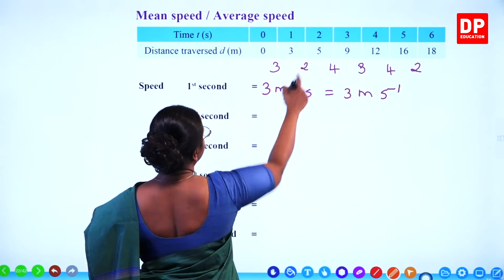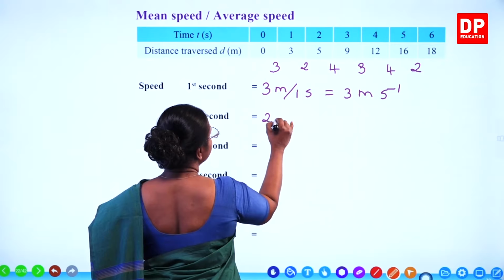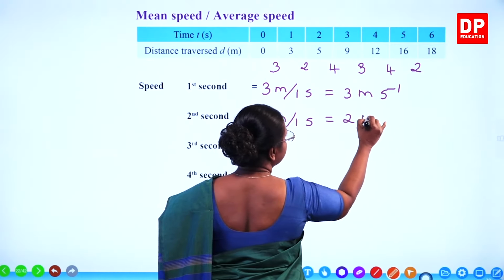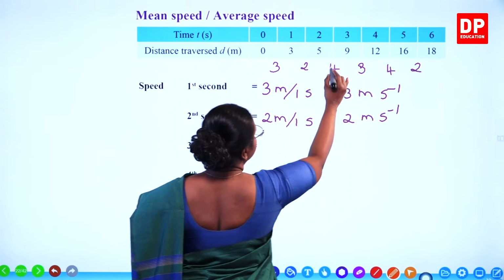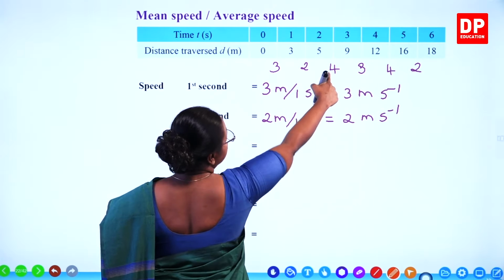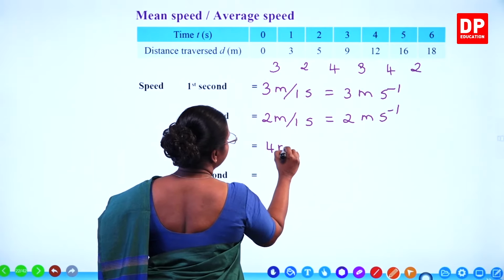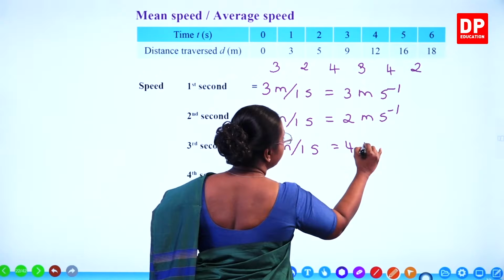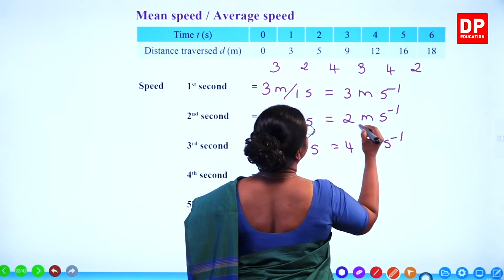Second second, you can see 2 meters divided by 1 second, 2 meters per second. Then the third second, the distance traversed is 4 meters, again divided by 1 second, 4 meters per second.